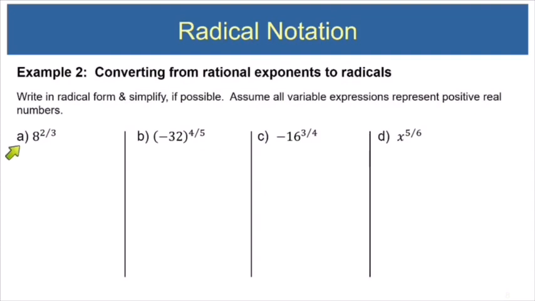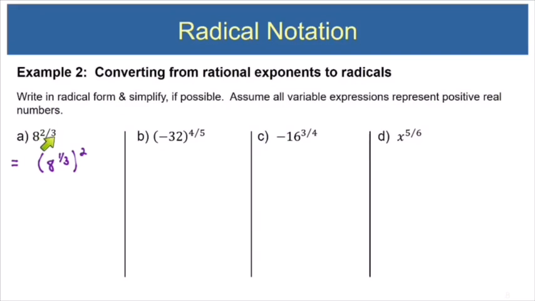Okay, here we go. In part A, we have 8 to the 2/3 power. I think at first it's going to be helpful for you to break this up into 2 separate exponents the way we did in the last section. So remember, 8 to the 2/3 power can be written as 8 to the 1/3 raised to the 2nd.